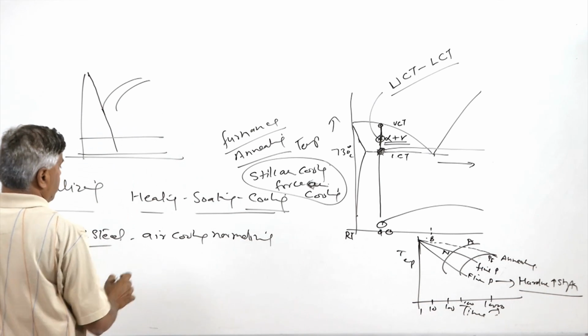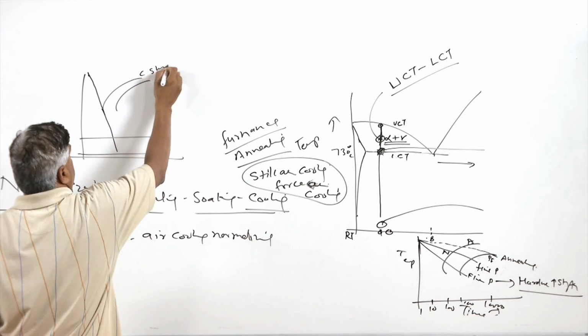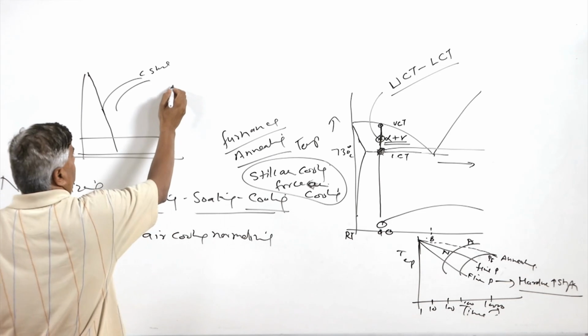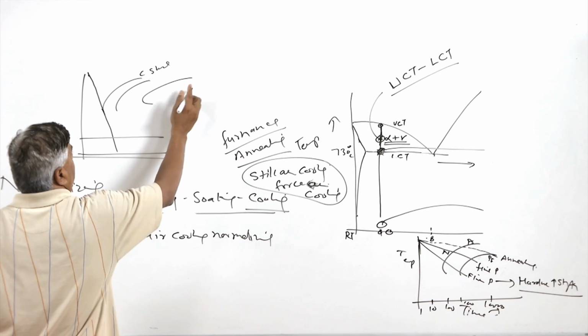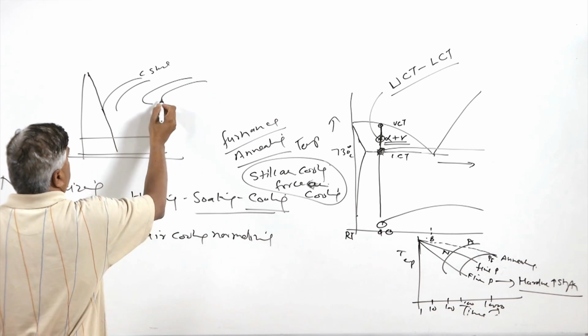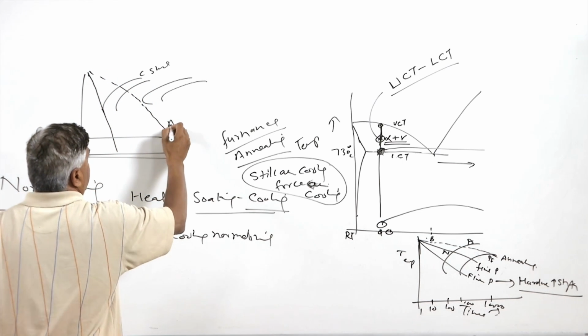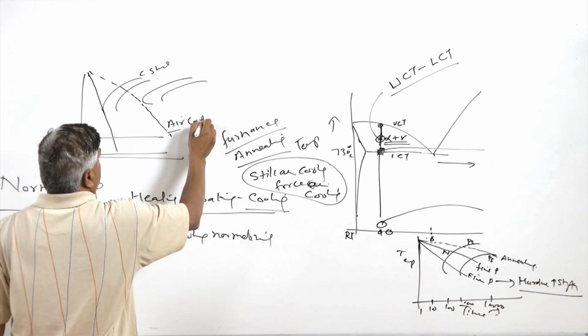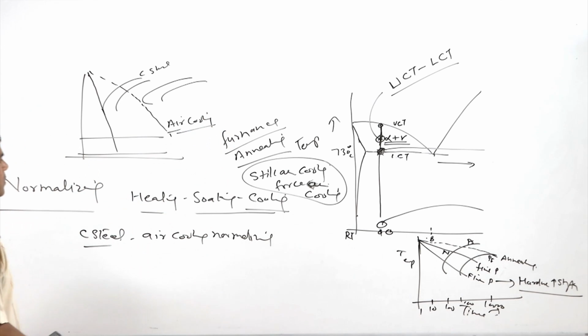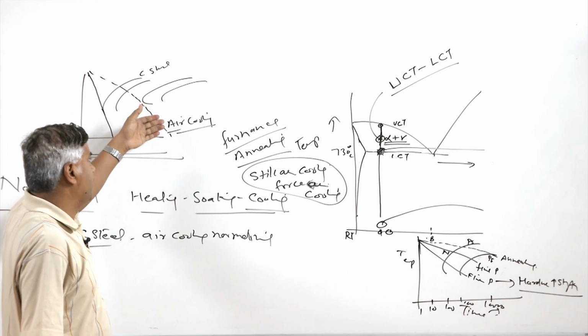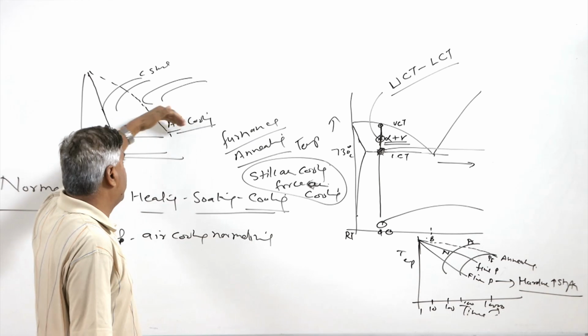This cooling rate is a bit higher for carbon steels, but if we take the alloy steel, for which the CCT diagram may be somewhat like this, the critical cooling rate requirements are further lower, which may correspond to even still air cooling rates.